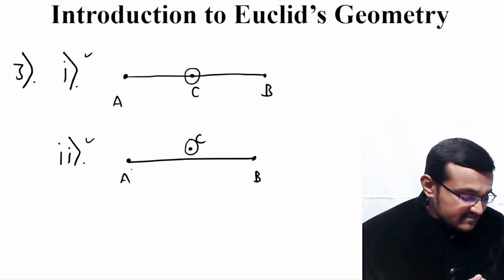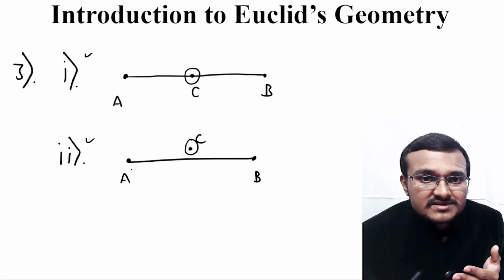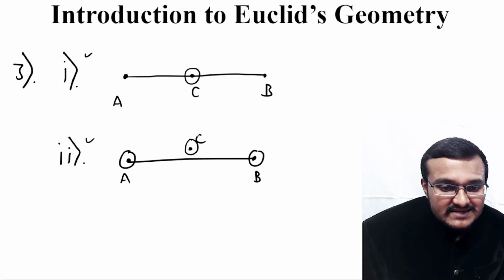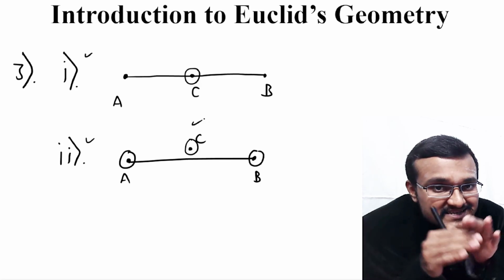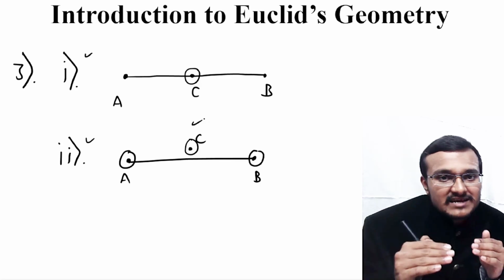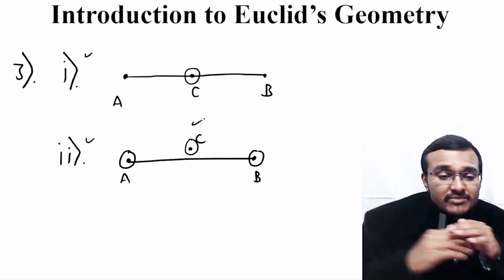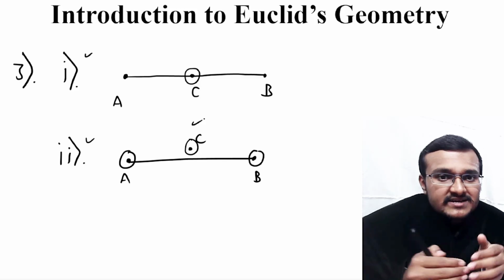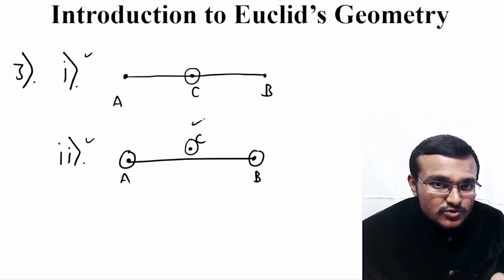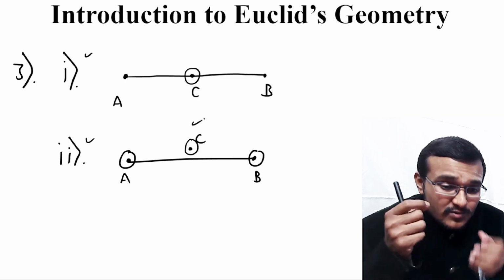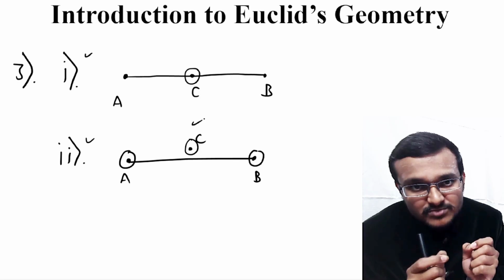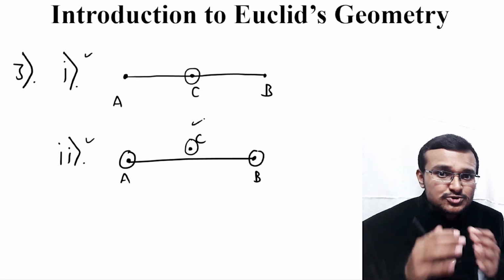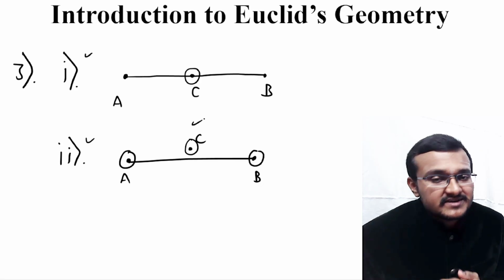There exist at least three points that are not on the same line. Here you can see A, B and C. A and B are on the same line, but if you consider A, B and C together, and C is outside, this postulate holds good. So there is no proper clarity for this postulate. There are many undefined terms, but these two postulates are consistent with each other.